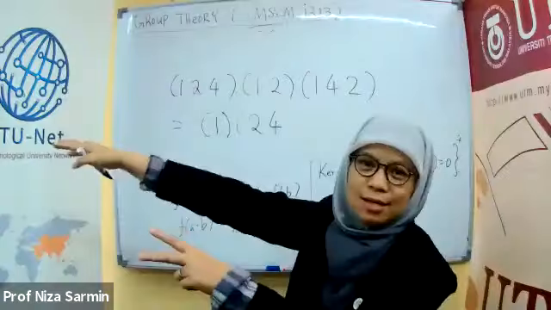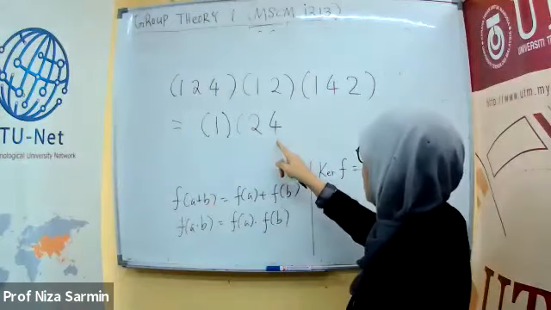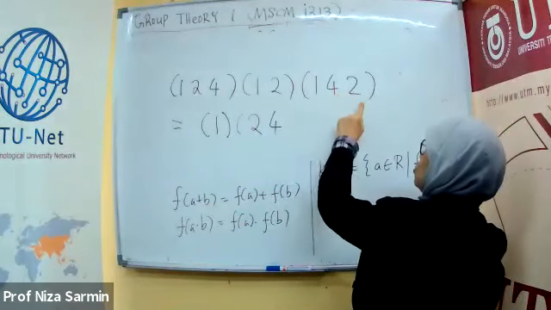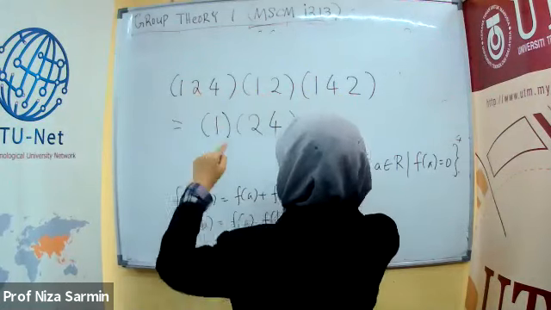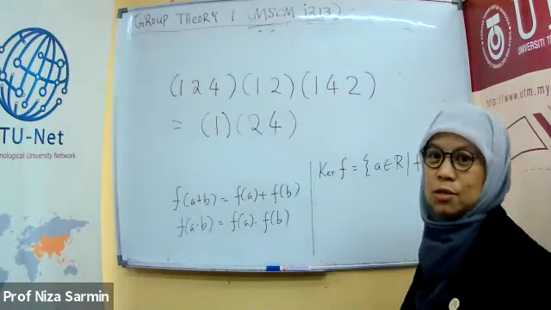You have to go until the left. Now 4. 4 goes to 2. 2 to 1. 1 to 2. Then you close. So you have to go all the way. Okay.